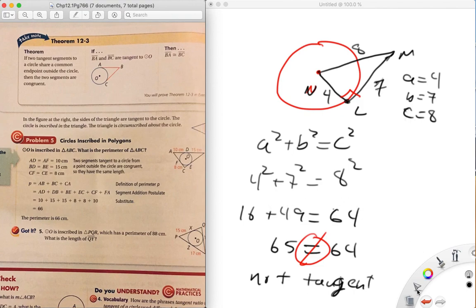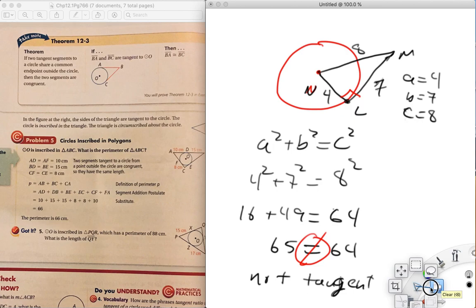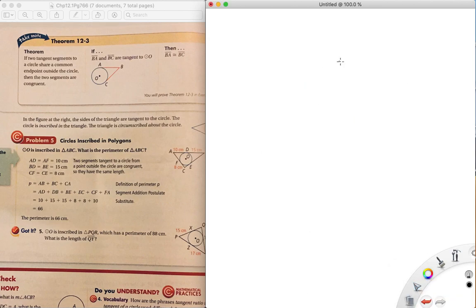Theorem 12.3. This says that if we have a circle O, we have a point here at A, and we have a point here at C, and they meet at a common point B. They both meet at the same spot.